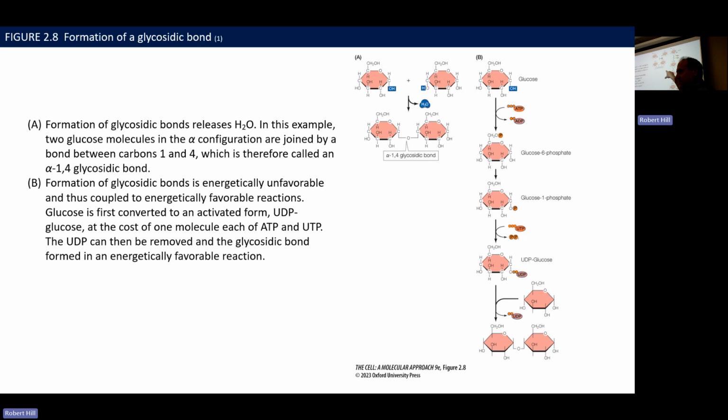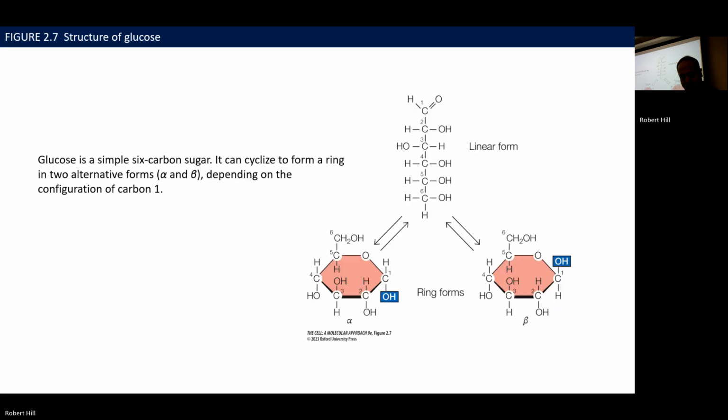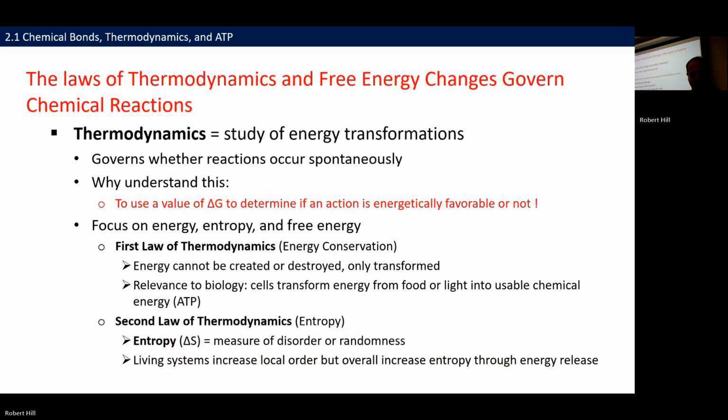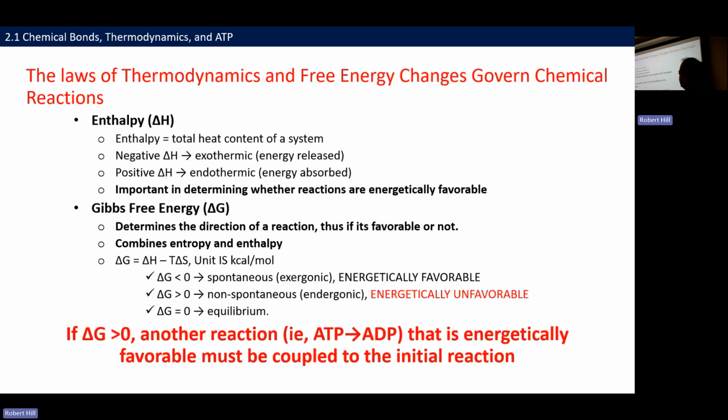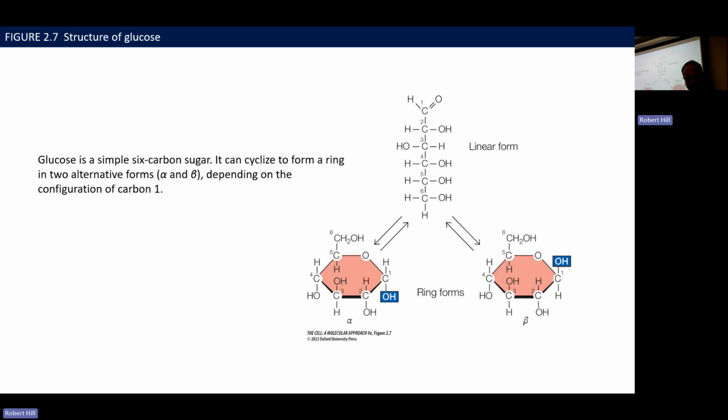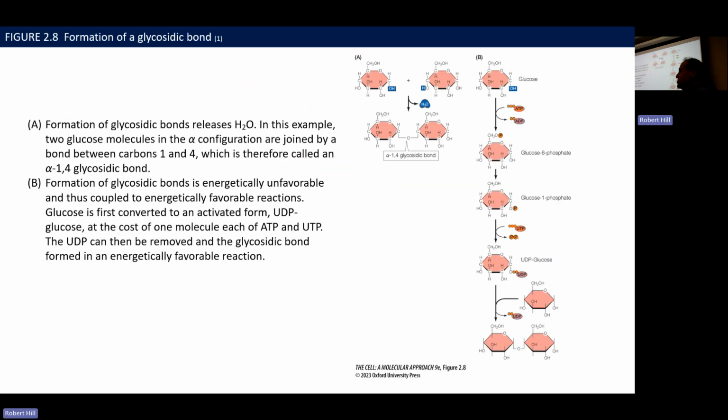Very high or low delta G? It's high or low? Right, yeah, it's energetically unfavorable. Okay, so we need to couple another reaction to it to change that delta G to make it favorable.